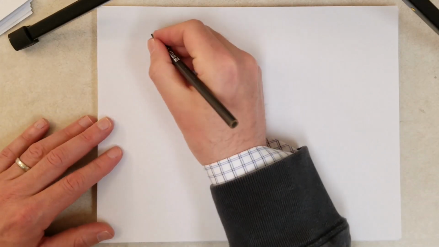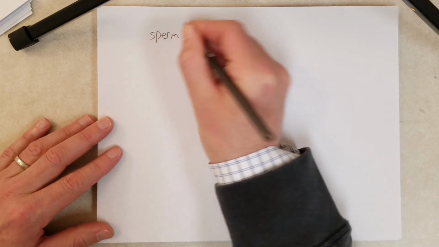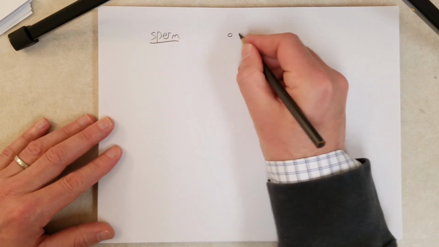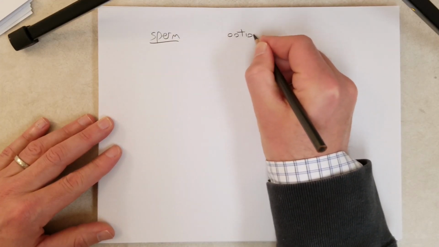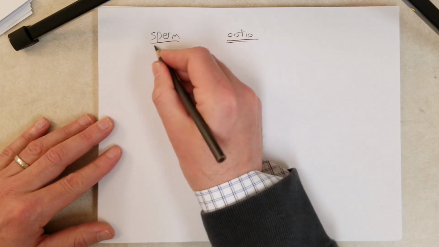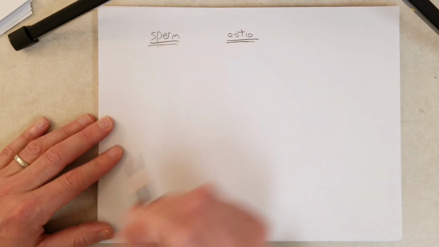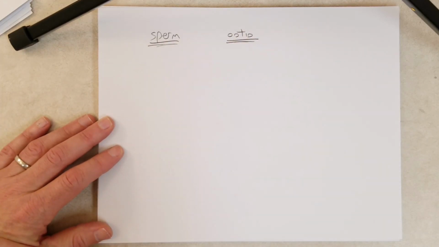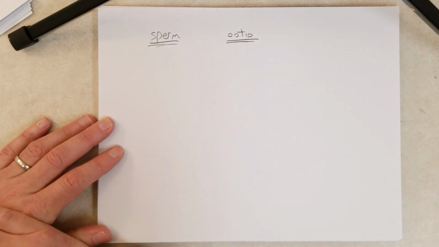Now, what does this mean? Let's take some mature sperm and mature ootids. We're glossing over the fact that it's the secondary oocyte that is actually fertilized in humans. But we'll skip that.